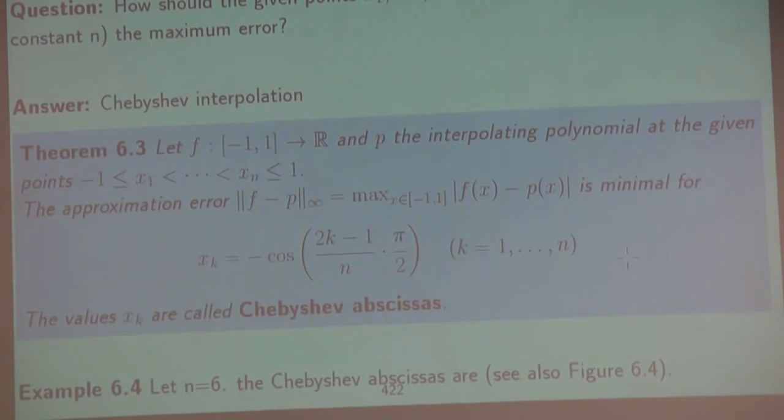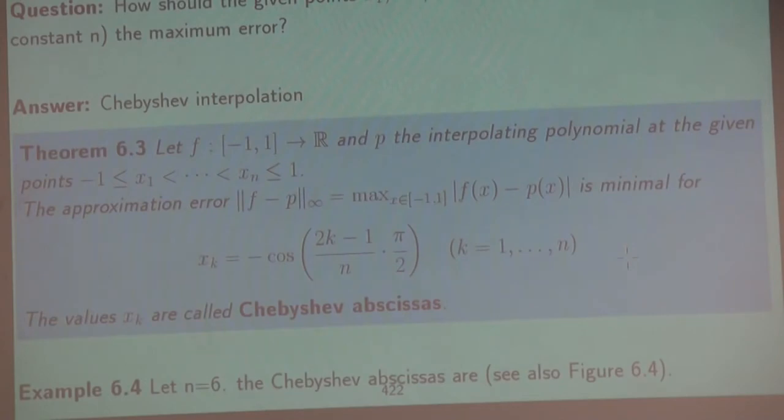But this theorem tells us. The approximation error is minimal if we distribute our xk like minus the cosine of (2k minus 1) over n times pi half for k equal 1 to n. And these values xk are called the Chebyshev abscissas.